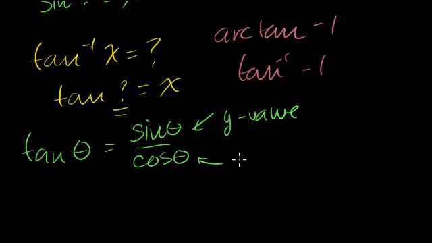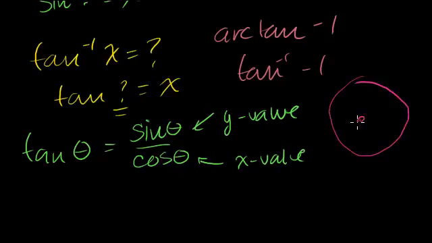And the cosine of theta is the x value. And so let me draw a little unit circle here. So if I have a unit circle like that, and let's say I'm at some angle theta, and this is my coordinate, x, y.